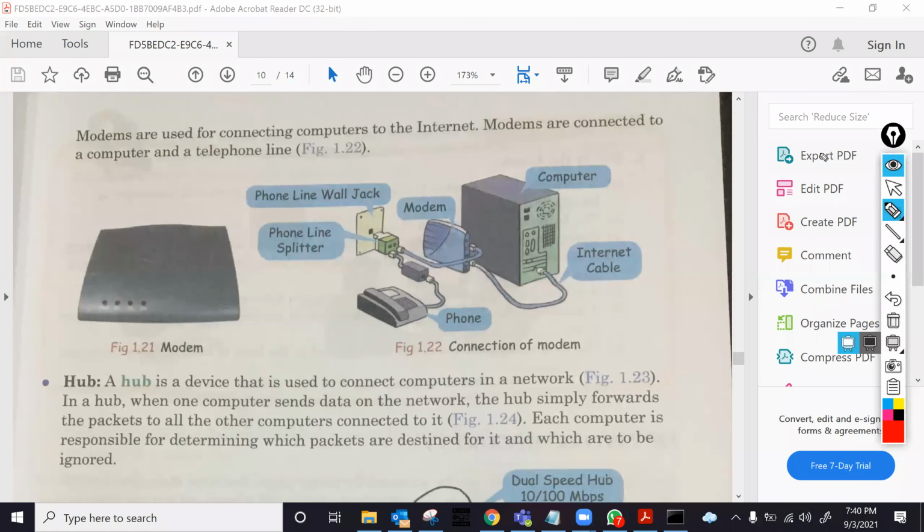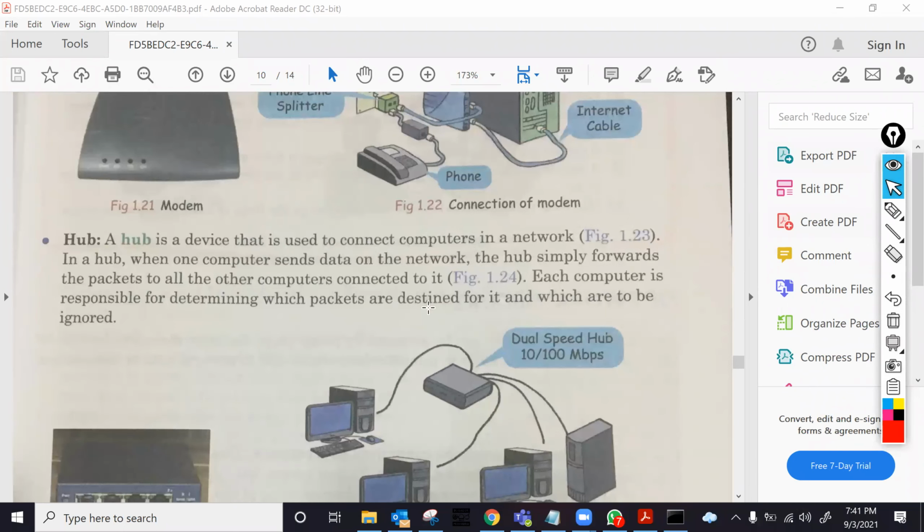Even these books just give a brief about the hub. A hub is a device used to connect computers in a network. When one computer sends data on the network, the hub simply forwards the packet to all.